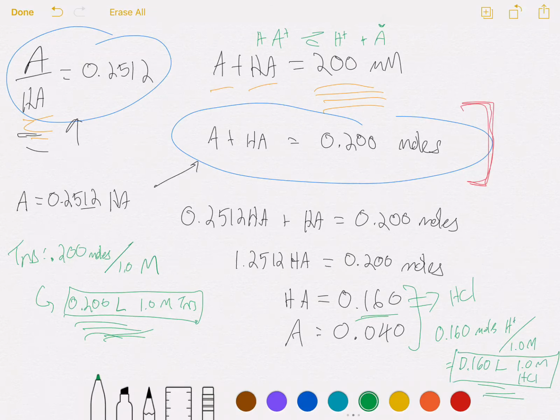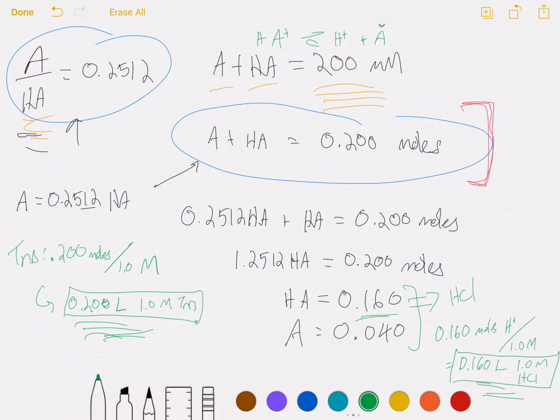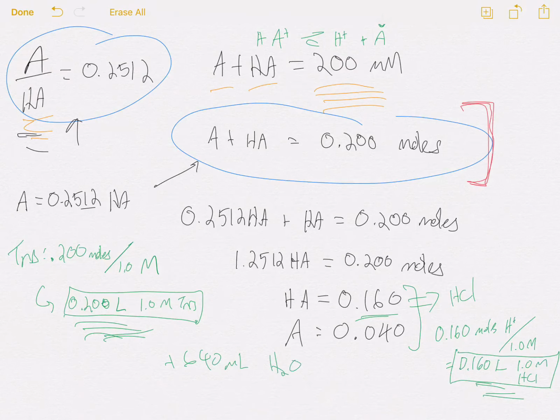And so then all we need to do is bring it up to volume. So if I've got 200 milliliters of tris and 160 milliliters of hydrochloric acid, that's 360 total, which means I need 640 milliliters of water.